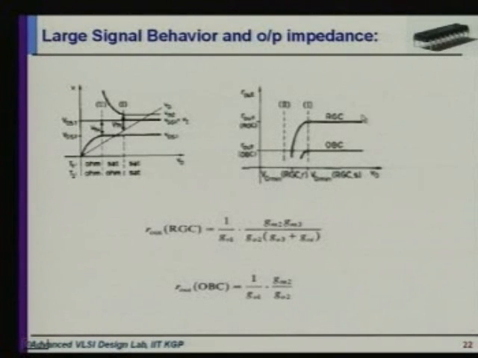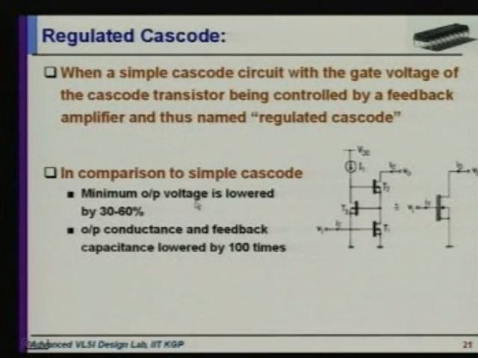If we want to compare these two stages, the regulated cascode and the optimally biased cascode, we have to calculate for the same VO min. Another main thing is that the minimum output voltage is lower by 30 to 60 percent for the same output resistance, and the output conductance and the feedback capacitance are lowered by 100 times.